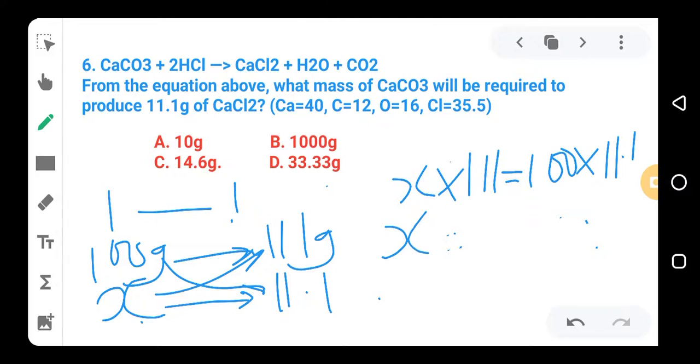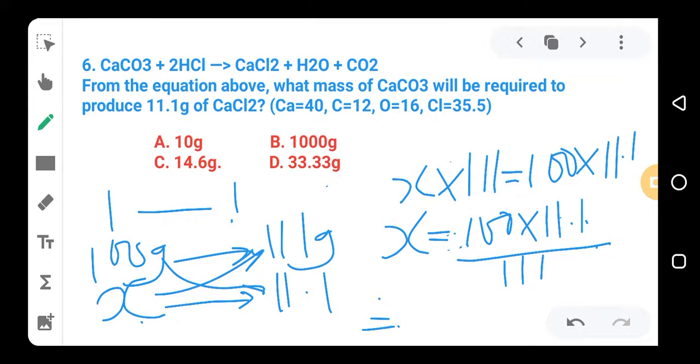Then X, which is what we are looking for, is equal to 100 times 11.1 over 111, and that will give us that X is equal to 10 gram.